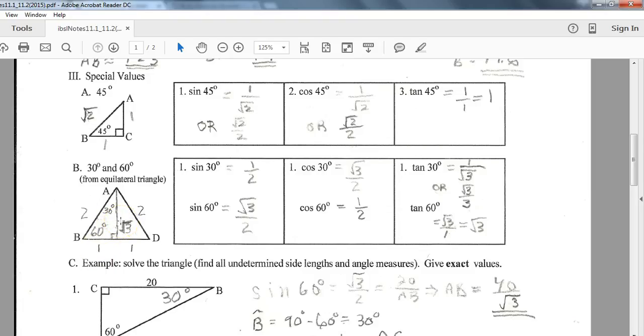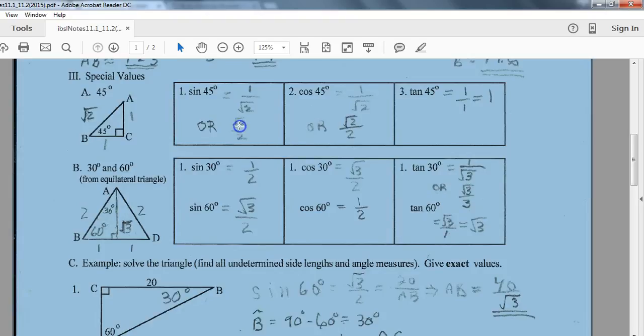So if you look at some of the basic scenarios with these special right triangles, if you use things like SOHCAHTOA, for example on this one, if we said the sine of 45, well, sine is opposite over hypotenuse, so 1 over rad 2, which we could rewrite to rationalize the denominator as rad 2 over 2.